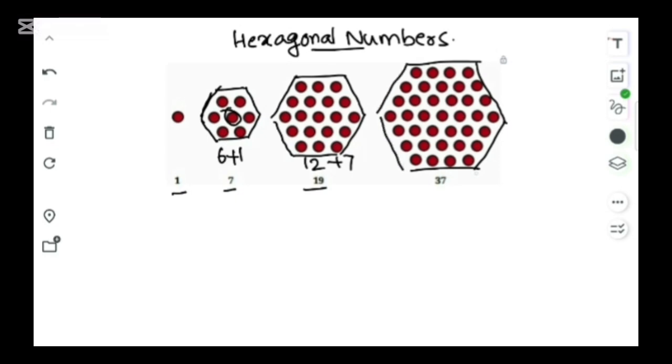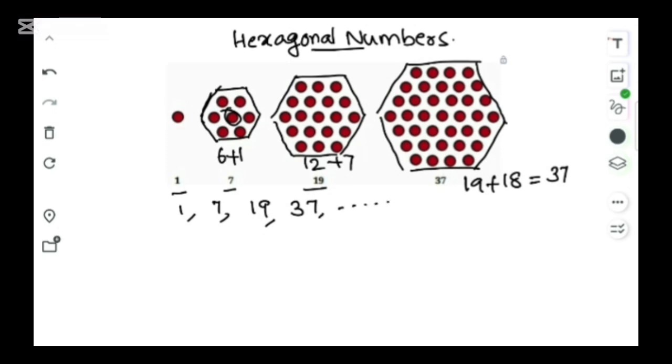So 19 plus 18 is equal to 37. So the sequence of hexagonal numbers is 1, 7, 19, 37, and so on.